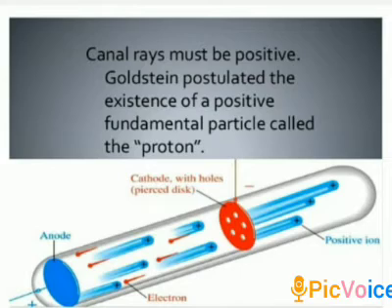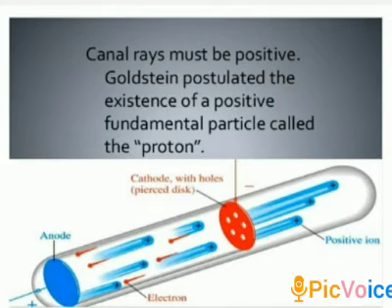The anode rays obtained from hydrogen gas are made up of the same type of positive particles. And these particles are called protons. Thus, the anode rays obtained from hydrogen gas consist of protons.